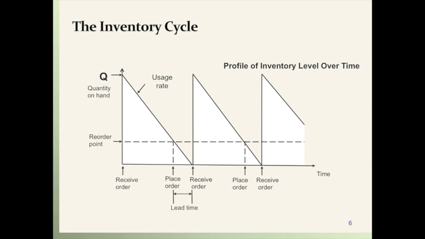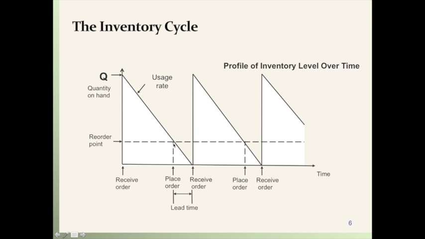Inventory cycle. So here you have the inventory on hand, and that shows the usage rate. And then when you get to this point right here, this is your reorder point. So when I get to this level, I'm going to reorder. And this is the lead time right here.